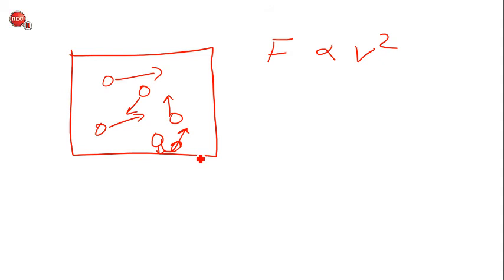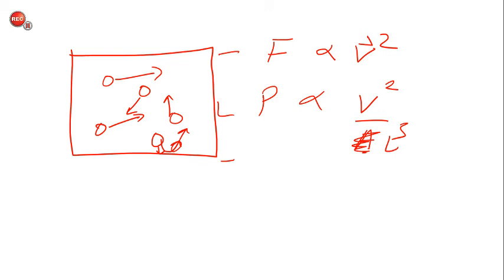So that means that the pressure is proportional to the velocity squared, and the pressure is force by area. So the pressure depends on area, and effectively this is the size of the box cubed. So this is really the volume.